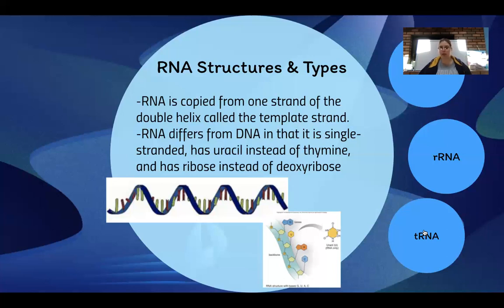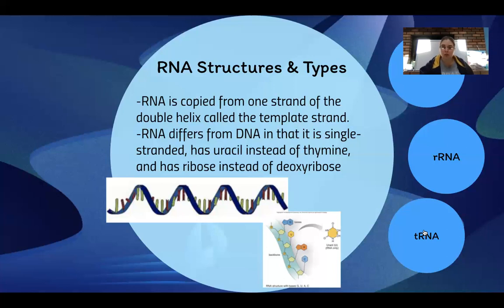RNA stands for ribonucleic acid, so its sugar is ribose. So these are different sugars. They both are in the same location. They're both in the sugar phosphate backbone of the nucleotide. They both bond with the phosphates in their own nucleotide to the phosphate in the next nucleotide, and they hold the bases out. But again, just a slightly different structural difference.